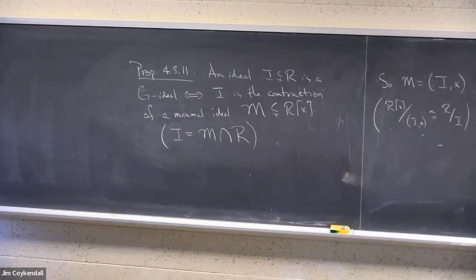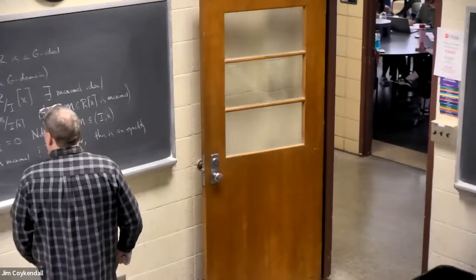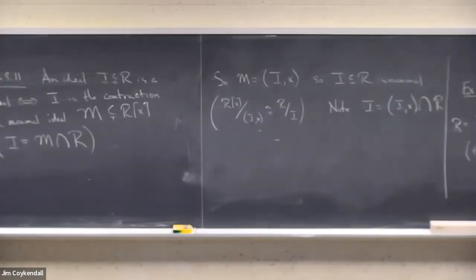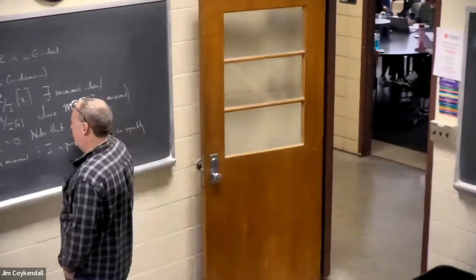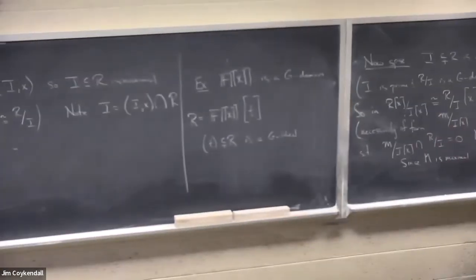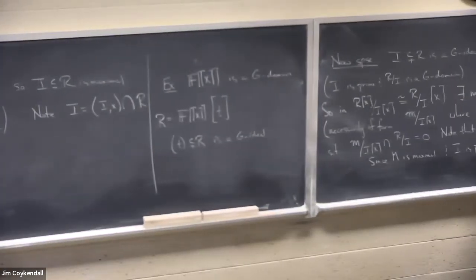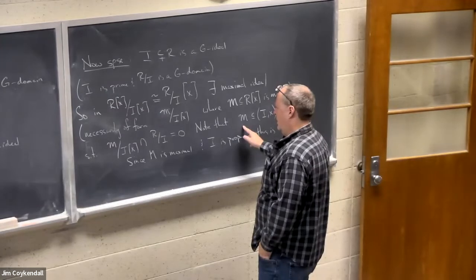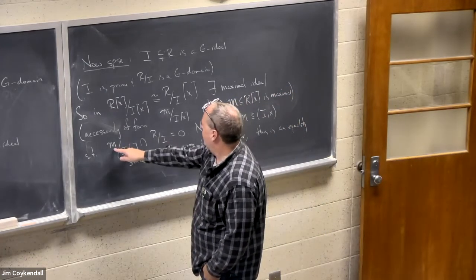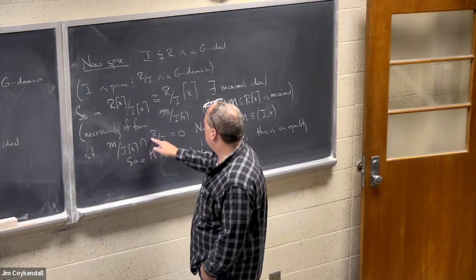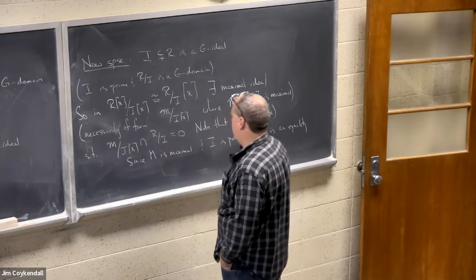Well, let's go through the rest of it and make sure. So M mod IX is this, M is a maximal ideal in R[X]. So M mod IX, basically whatever this ideal here is, it contains no constant terms.